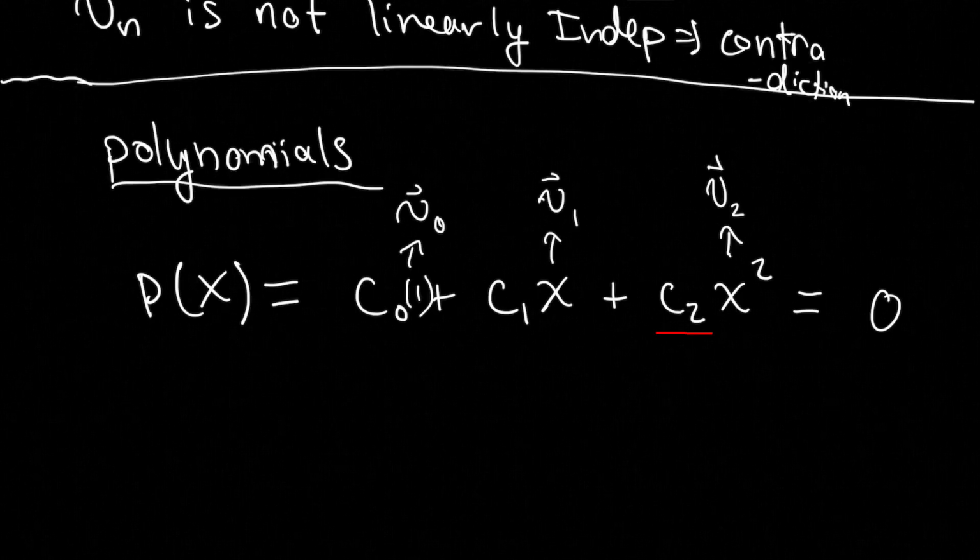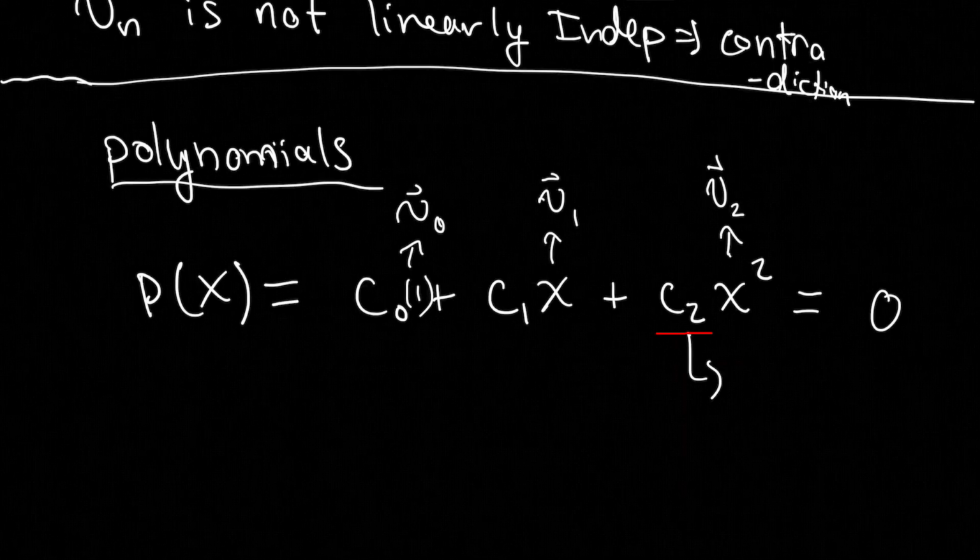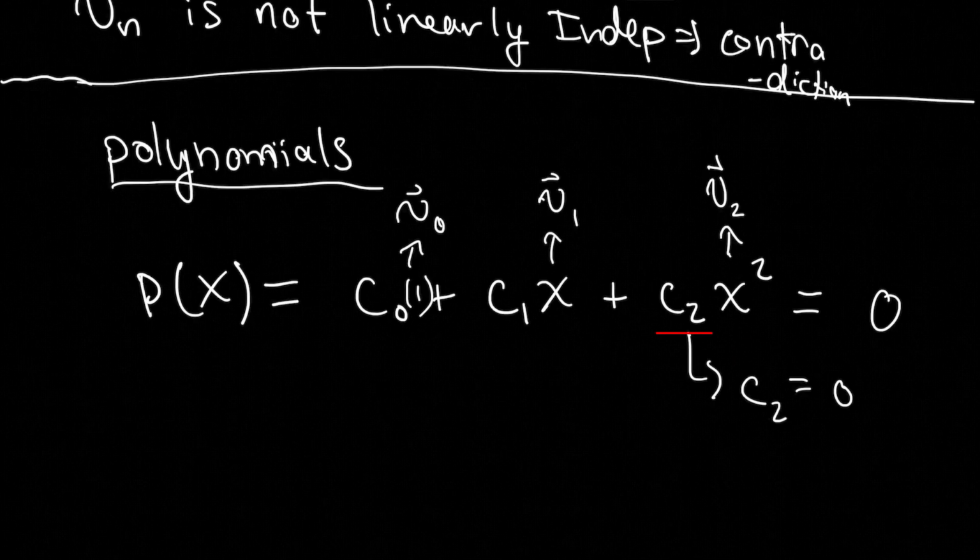And therefore, the c0 and c1 terms cannot perfectly cancel the c2 term for all values of x. Therefore, c2 has to be 0. Now moving over to the c1 term, c1 is going to give a part of the function that changes linearly with x.